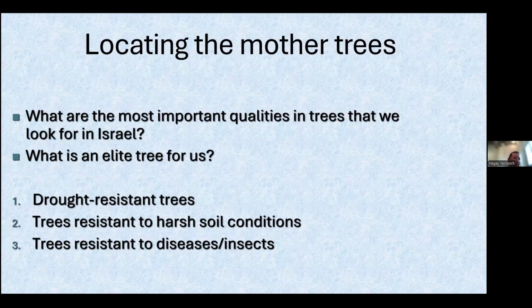The second trait we look for is trees that are resistant to harsh soil conditions, and the third is trees that are resistant to disease or insects and so on. And these are the traits that we're looking for, and I'm sure that each one in his own country has its own traits that he is looking for in the forest tree.